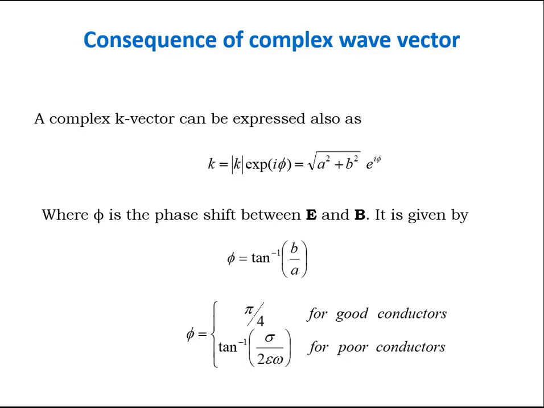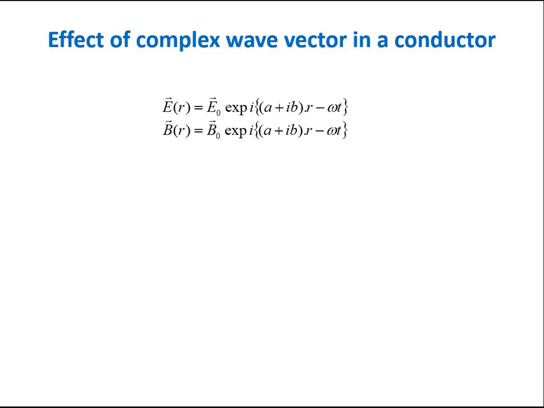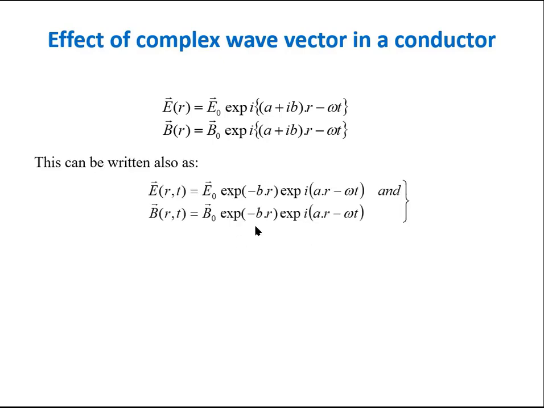After this discussion about the consequences of a complex wave vector on the phase relationship between E and B, let us put the value of the k vector in our wave solutions of E and B, and this gives these equations, or these can be written like this also.